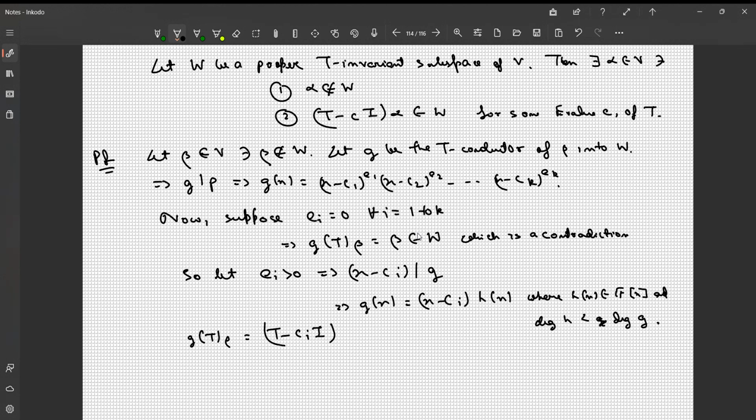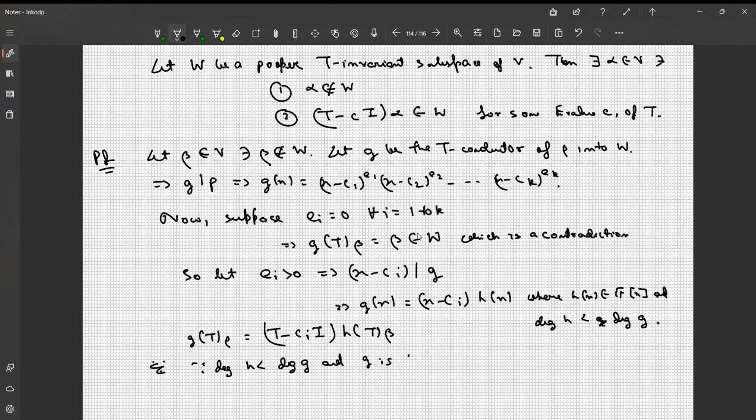So what is G of T of beta? It's exactly equal to (T minus Ci I) H of T beta. Is it clear?